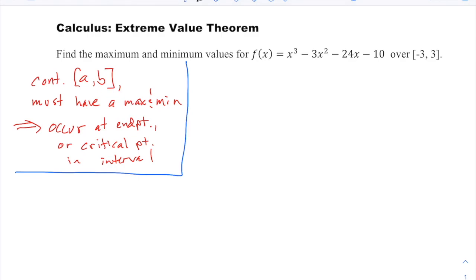And by the way, when it just says maximum and minimum value, it doesn't specify relative or absolute. It's implied, when somebody says the maximum value, the minimum value, we are talking about the absolute maximum and minimum values. So here we go.